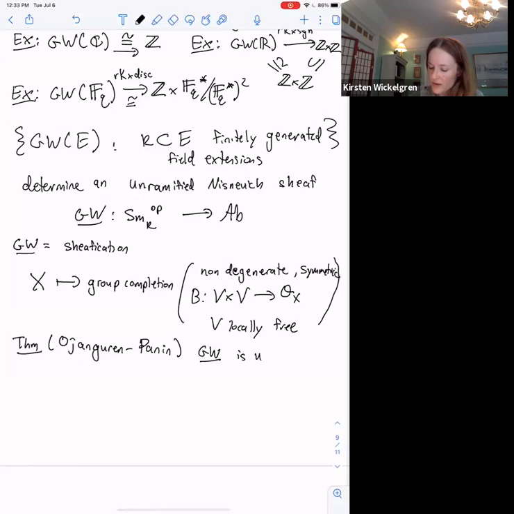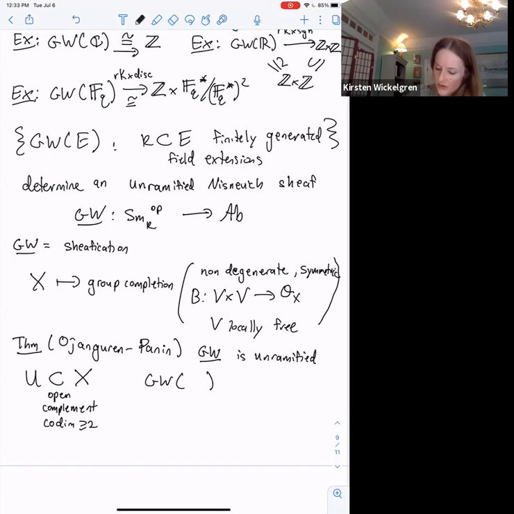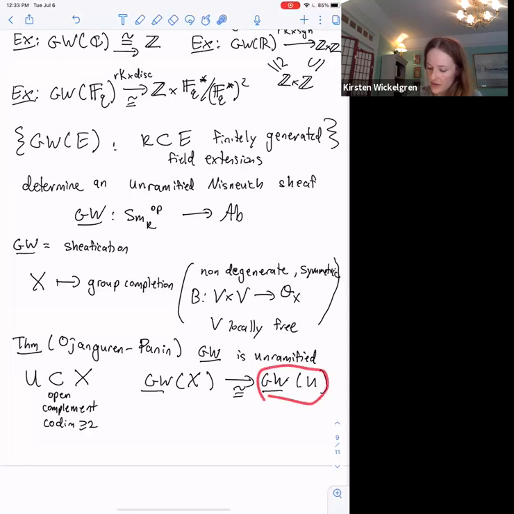So it's unramified in a particular sense, which includes that if you have an open whose complement is small, then you get an isomorphism, and you can automatically extend a section here to a section over all of X.